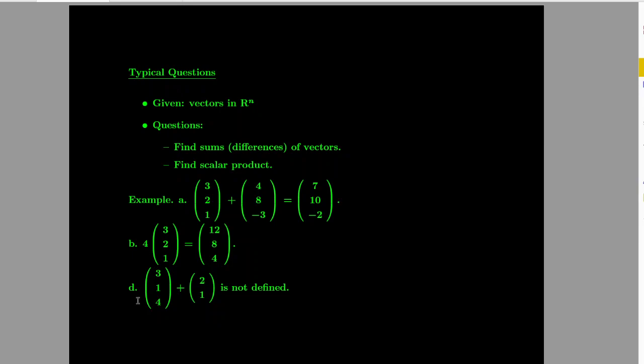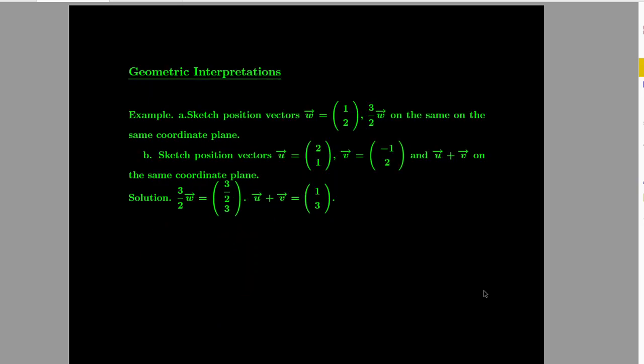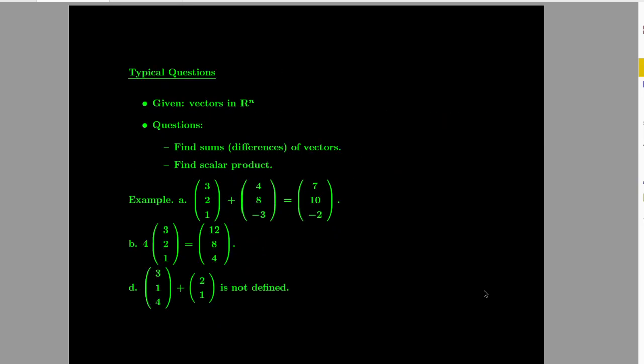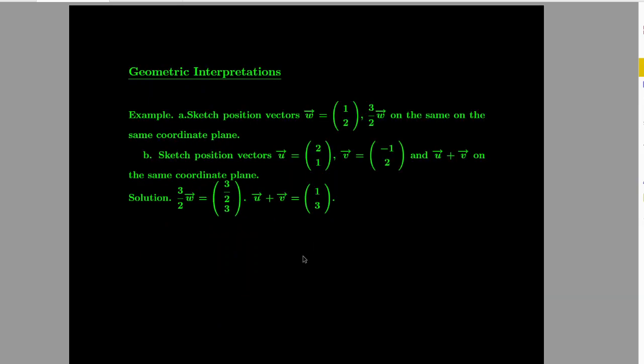You have A, you have B, and then the next question is question D. You just imagine it's question C. The point I'm trying to make is that if two vectors have a different number of components, the addition is not defined. Simple enough. I really do not have to go over this in more detail.